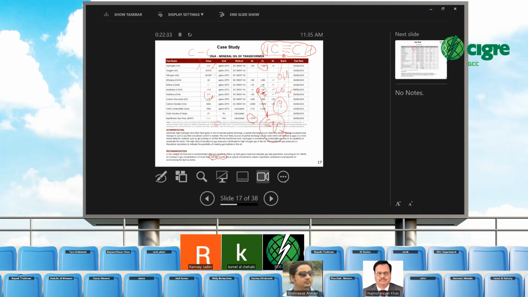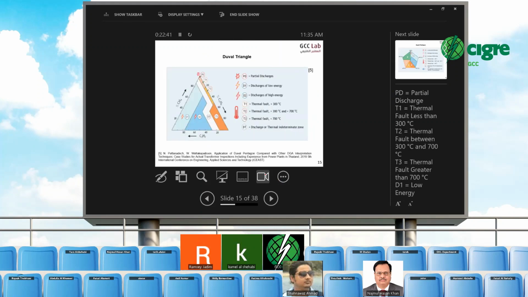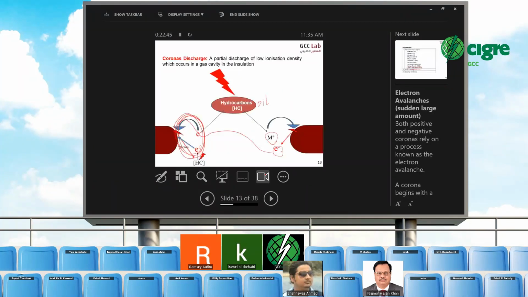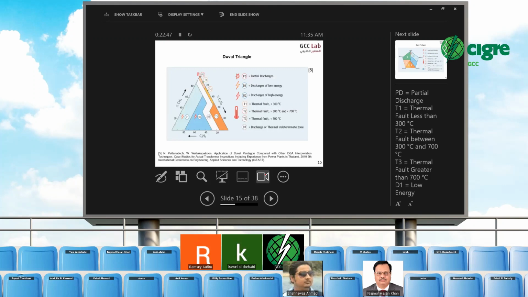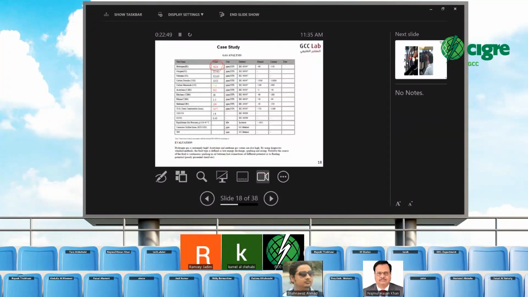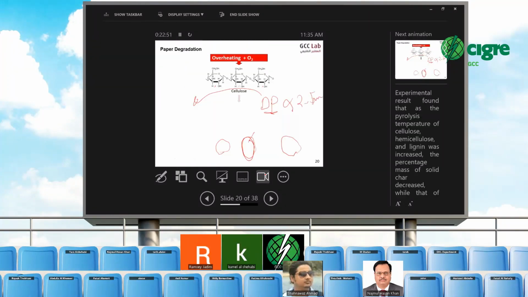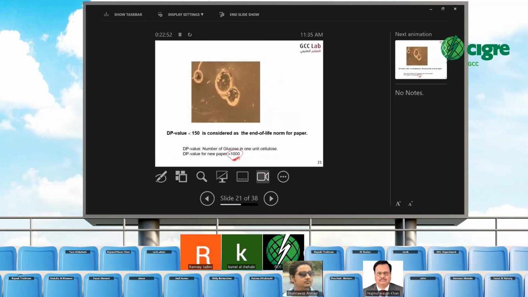I think it should be in this one slide, but I didn't find it in this slide. There is a calculation for this, I think I kept it in the corrosion part.